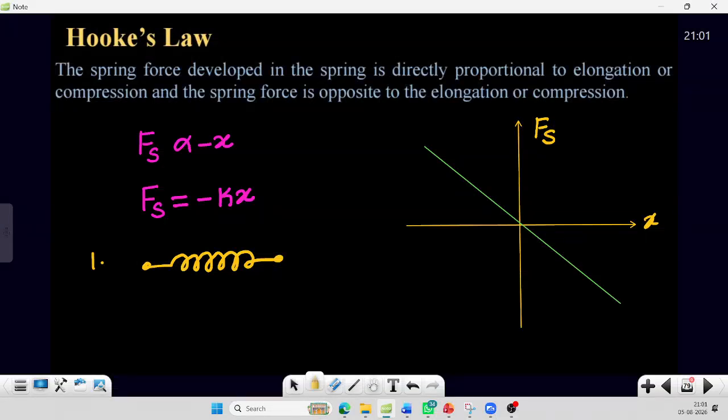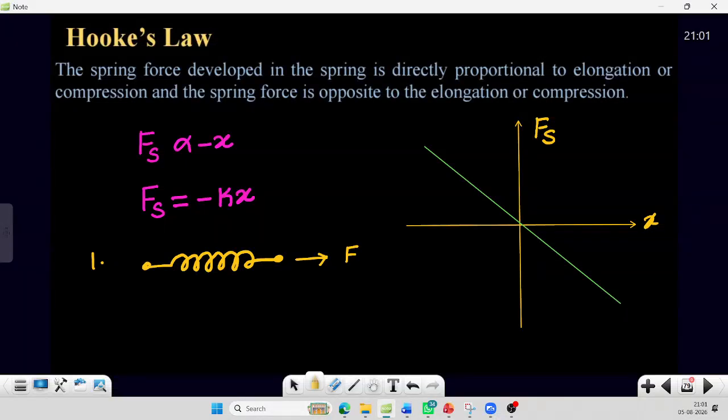Both ends are free ends. That means these are not connected, they are simply not connected. I hold one end, and we apply some external force.